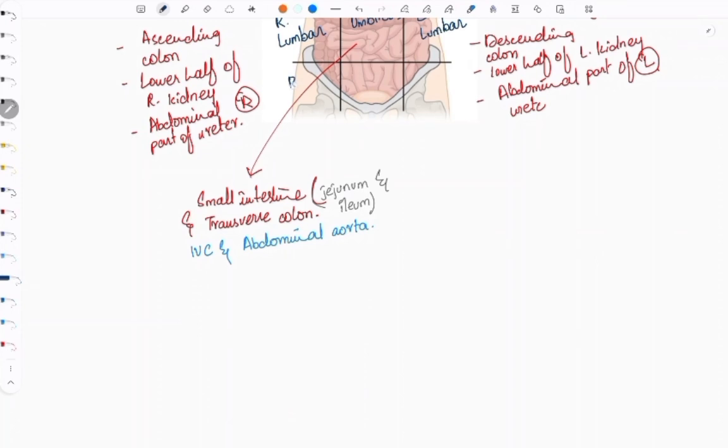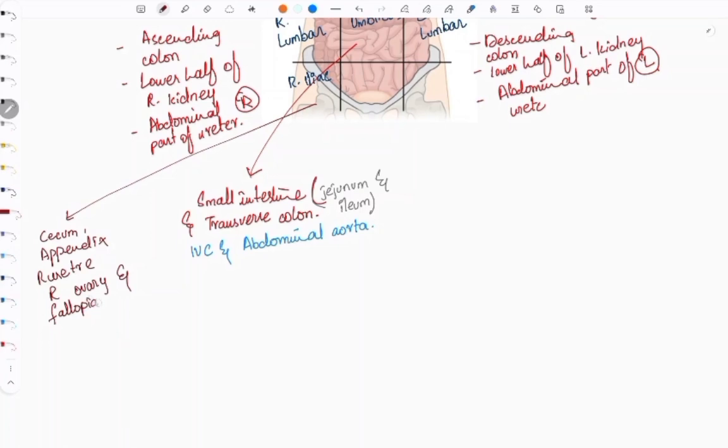Now moving on to the right iliac region, which houses the cecum, appendix, right ureter, and right ovary and fallopian tube in females.